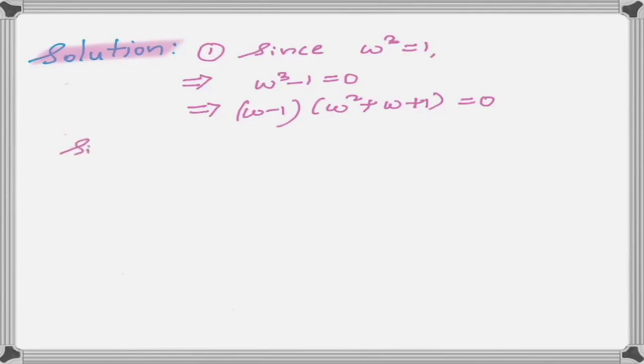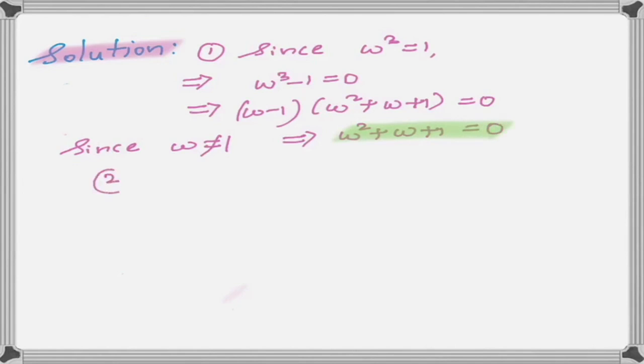But since omega is distinct from 1, we get that omega square plus omega plus 1 equals 0. We will be using this property frequently.